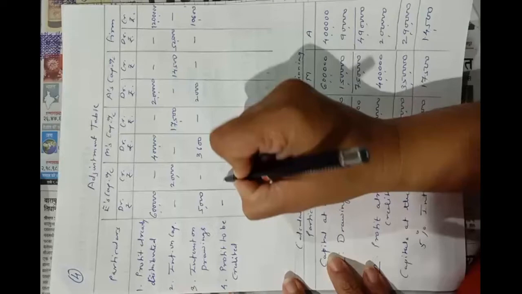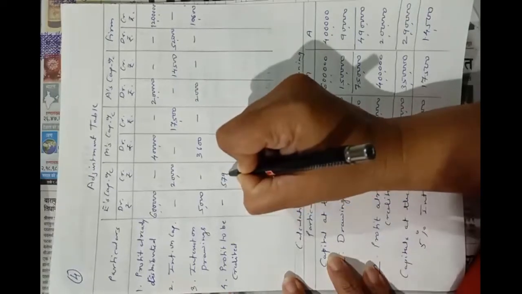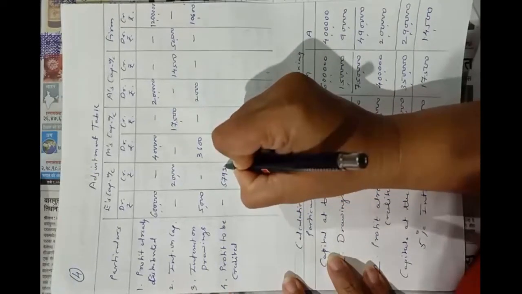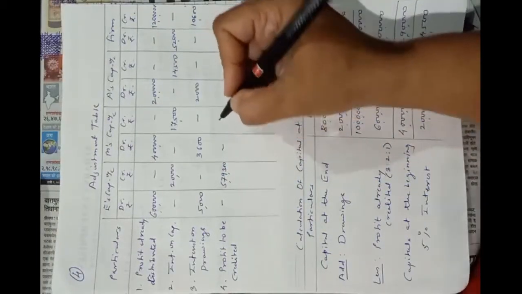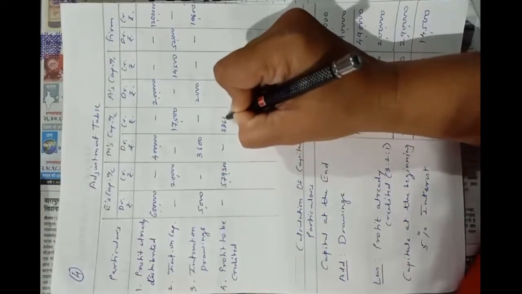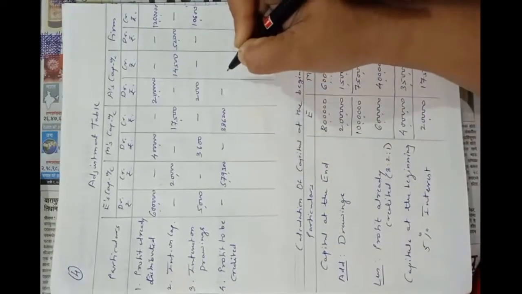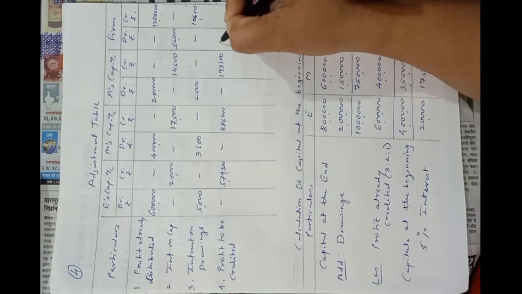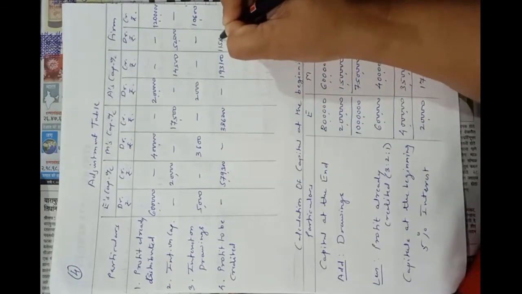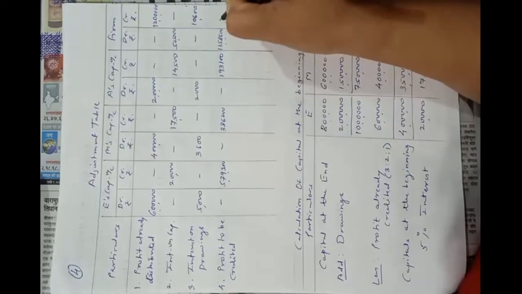So it is 5 lakhs 79,300, to M 3 lakhs 86,200, and to A 1 lakh 93,100. So firm's account will be debited by 11 lakhs 58,600.